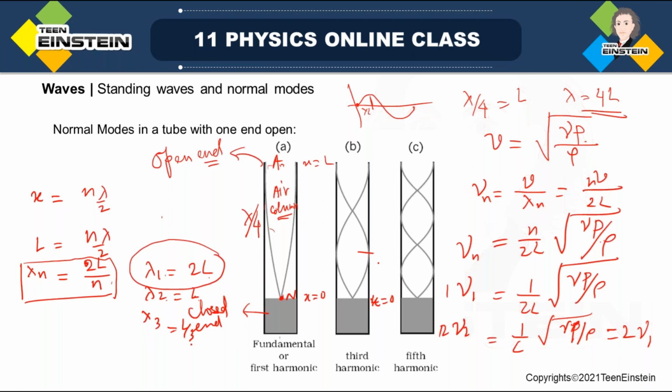With the third harmonic, this will be L by 3, then 2L by 3, then L. In case of the fifth harmonic, this will be L by 5, 2L by 5, 3L by 5, 4L by 5, and then L. This is how, at different segments, you can find the expression for the positions where different modes will be, like where nodes and antinodes will be seen.